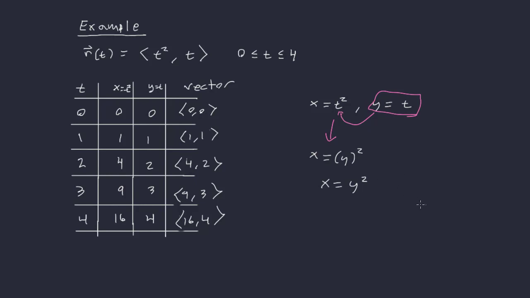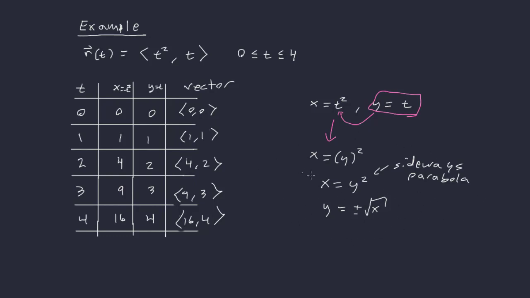This is a sideways parabola. Or we can think of it as y equals plus or minus the square root of x. And that is how you would graph it in your graphing calculator, like if you have a TI 83 or something. It doesn't play well with this, but it will play with this.